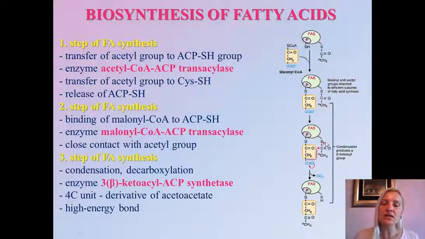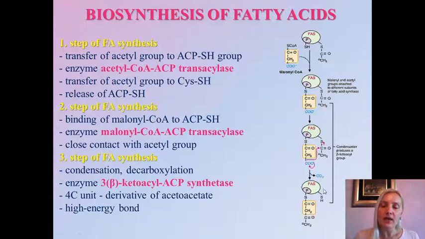These chemical changes are described as condensation and decarboxylation. Notice that the carbon dioxide, which was incorporated during the synthesis of malonyl coenzyme A, is now released from the system, so it is not going to be part of the future fatty acid. This condensation yields a beta ketoacyl group.